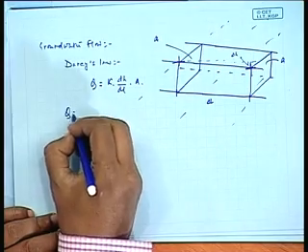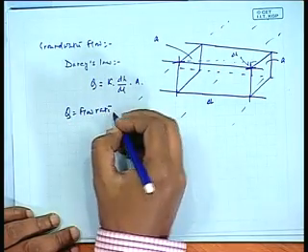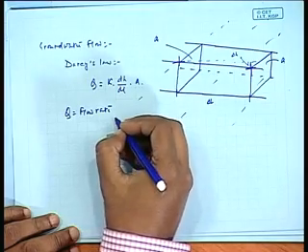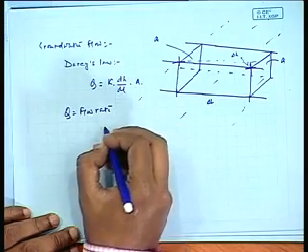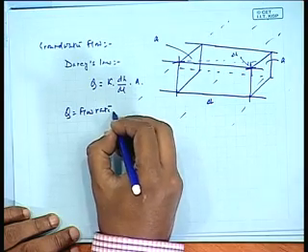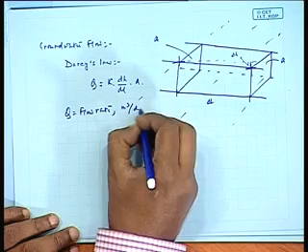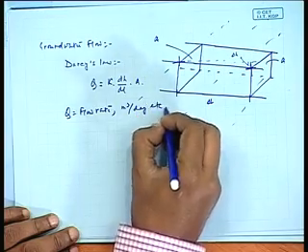Q is the flow rate, which is given in meter cube per day.